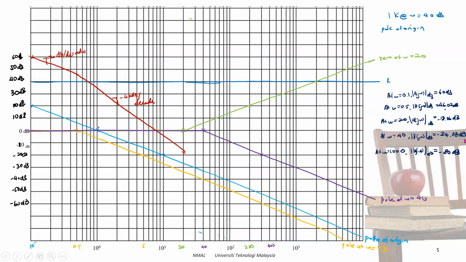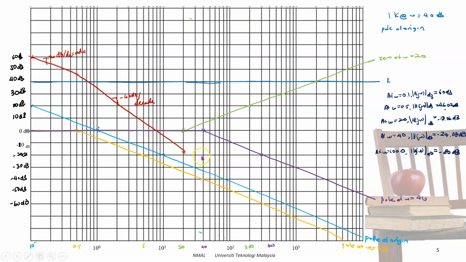Why? Because we have 0 here. So basically, 2 poles plus 0 will result in a pole. However, the pole should drop by 20 dB only. Previously we plotted the pole drop at negative 40 dB, right? So now the gradient should not be as steep as this 40 dB.